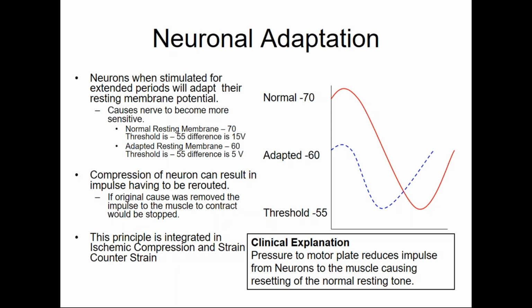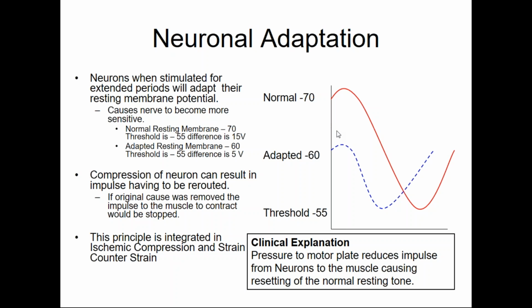Sometimes that will generate too much tone within a muscle, and it's referred to as neuronal adaptation. So we will use techniques to try and break this pattern, and the technique that we use is ischemic compression, is trying to break this neuronal adaptation that is occurring within the nervous system.